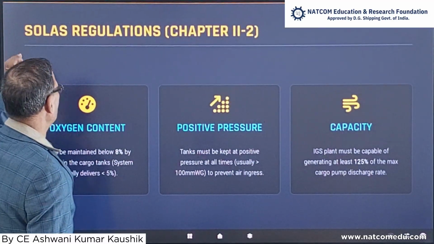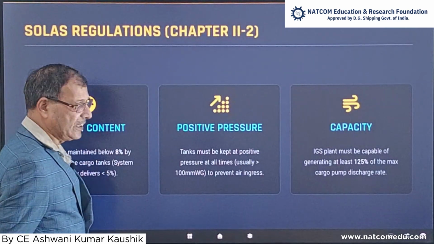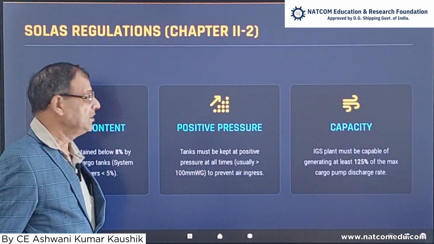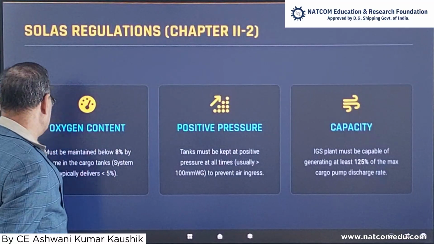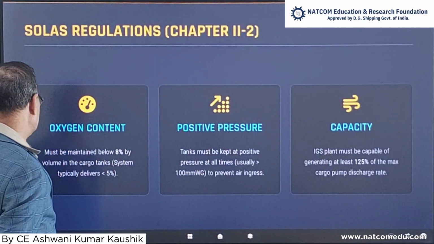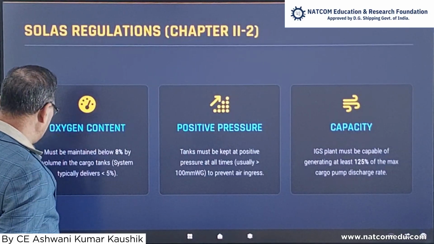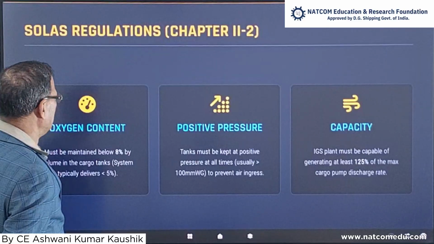Now, SOLAS regulation, chapter II-2: oxygen content must be maintained below 8% by volume in the cargo tank. The system typically delivers less than 5%.